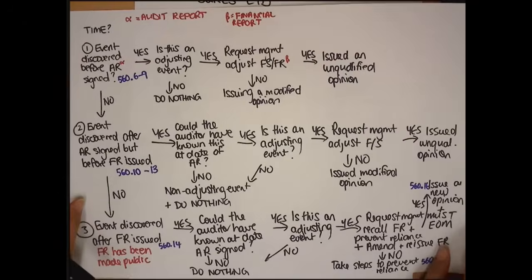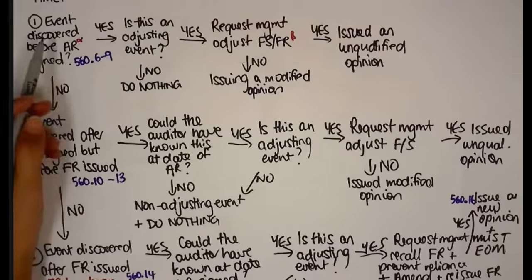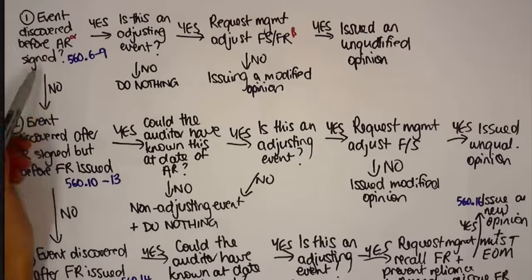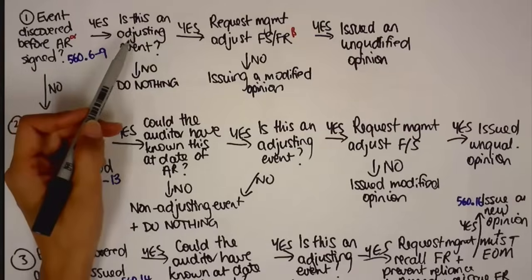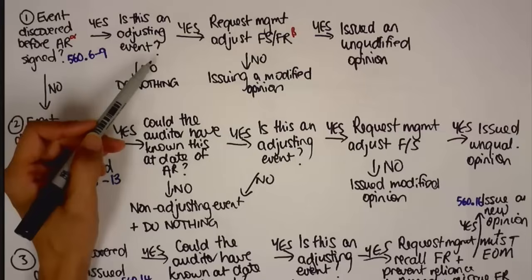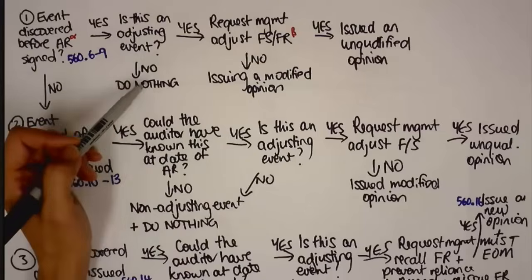So if we go back to our main flow diagram there, event discovered before the audit report was signed, yes. Is this an adjusting event? Now, of course, this is a fire relating to a future period after the end of the financial period.